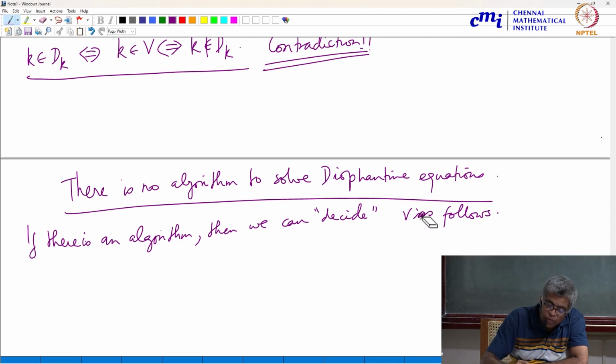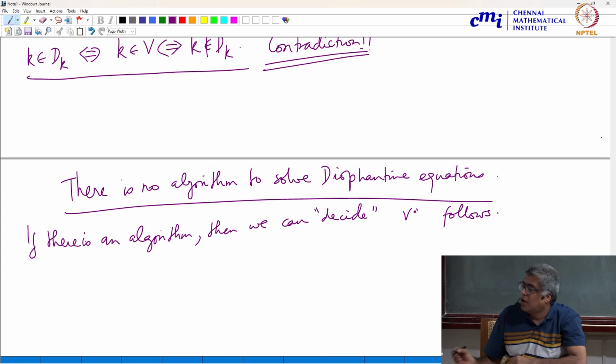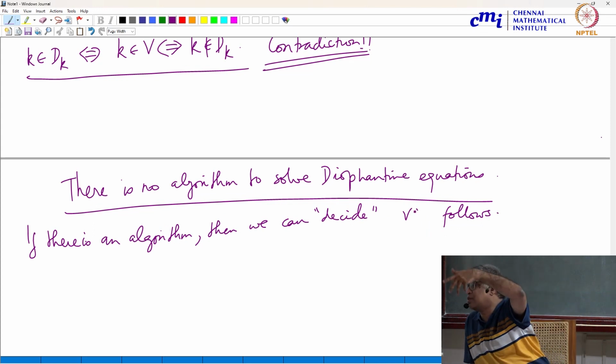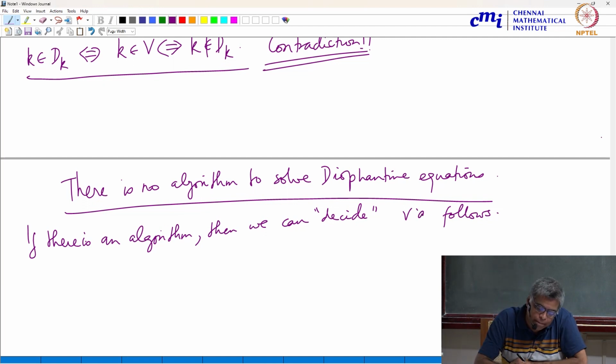What does it mean to decide V? I should give you an algorithm that, if you give me an n, will tell you yes if n belongs to V, and no if n does not belong to V.